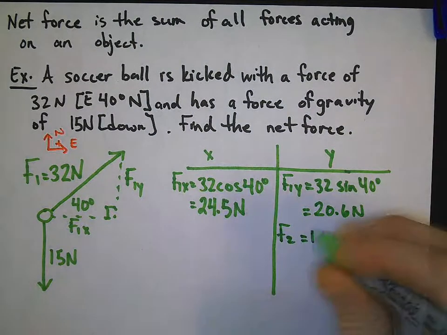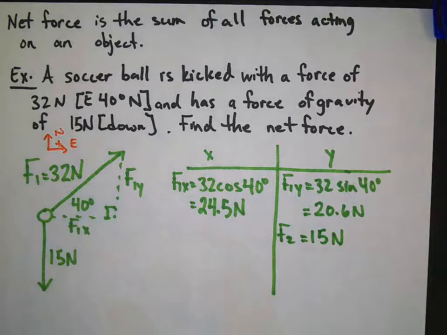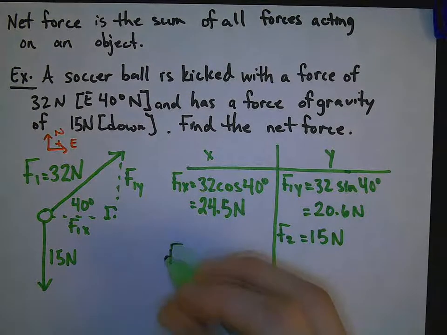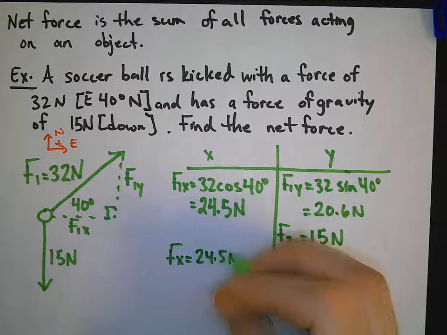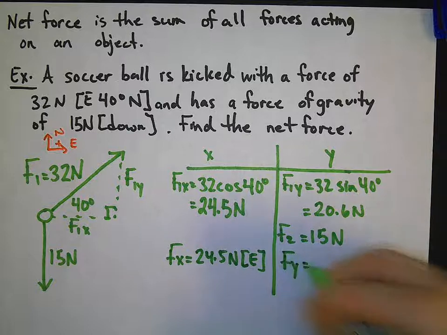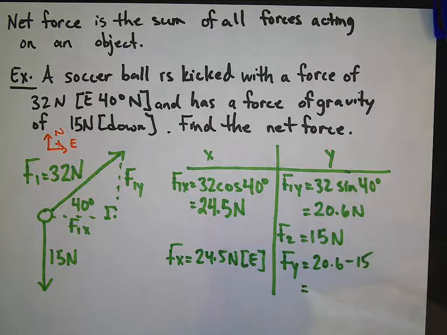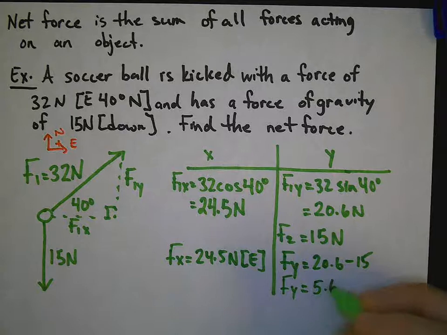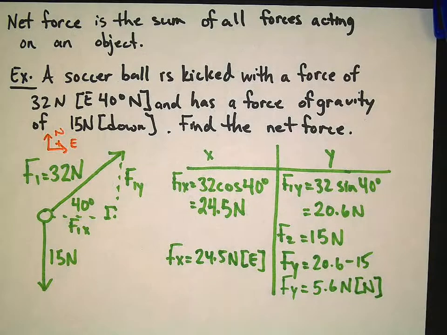That will be 15 newtons. And seeing that it's only going downwards, it's only in the y direction. So therefore, in the x direction, my total force is 24.5 newtons east. In my y direction, 20.6 minus 15 tells me that my total force in the y direction is 5.6 newtons north.